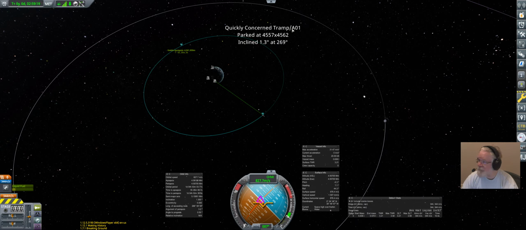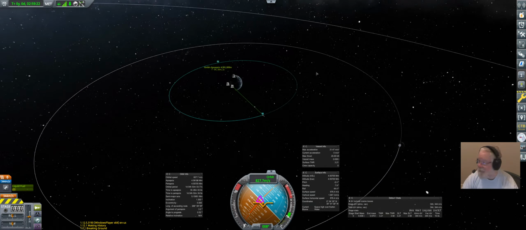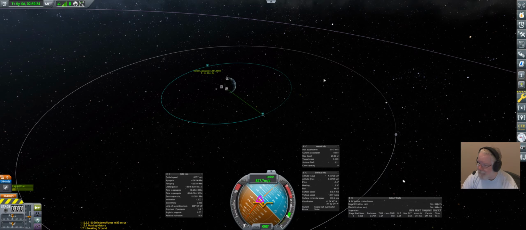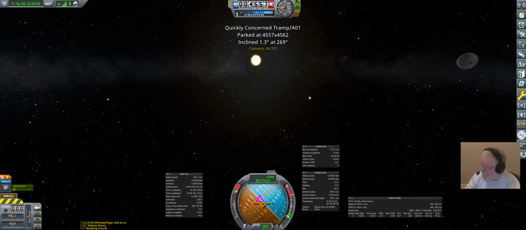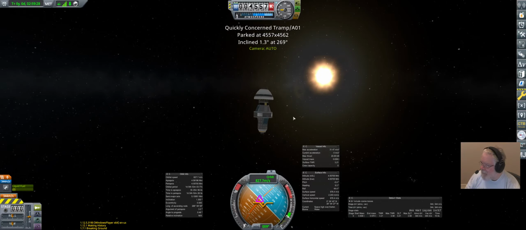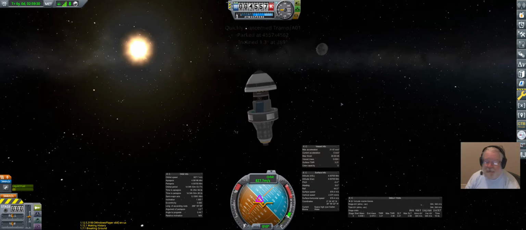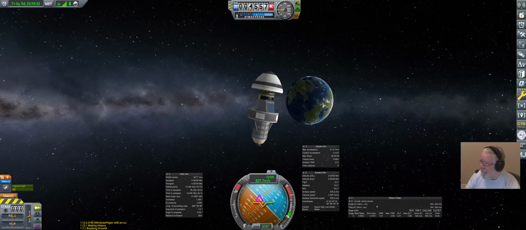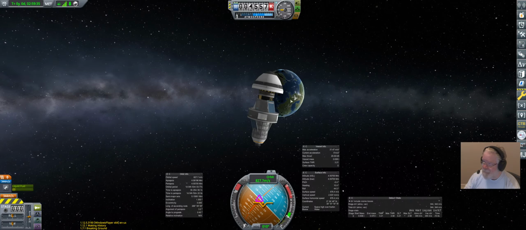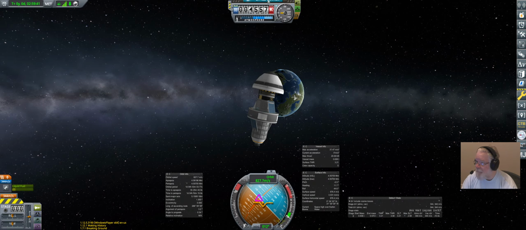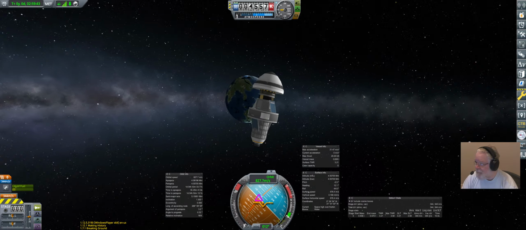So quickly, Concerned Tramp A01 parked at that orbit, inclined 1.3 degrees. Now, there is the opportunity inside the scripting for us to write additional scripting for the spacecraft that happens before it goes on to that on-station thing. I may want to make that a little subroutine that kicks off.